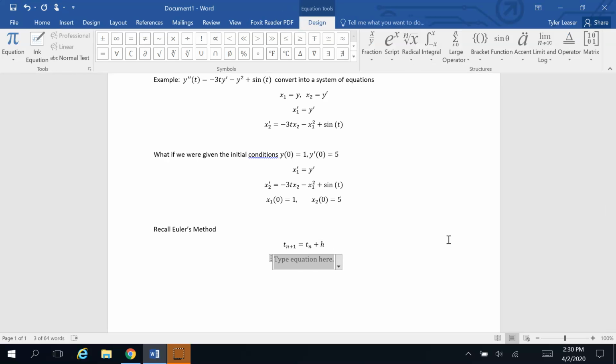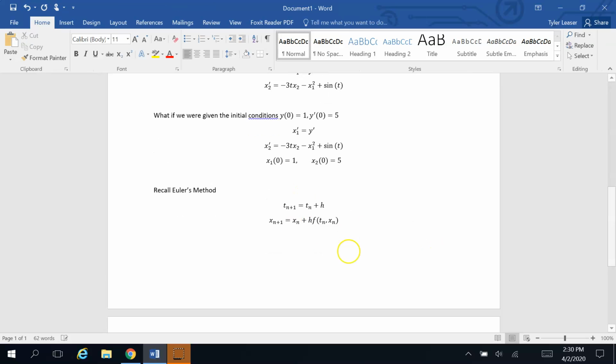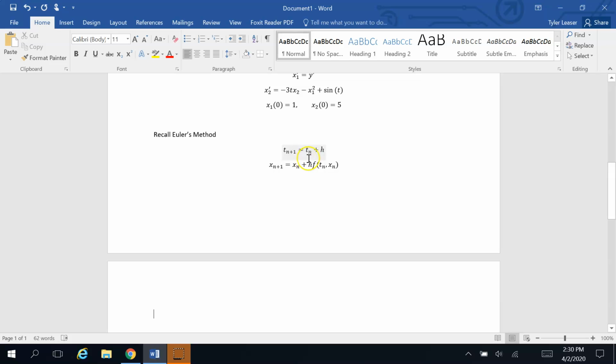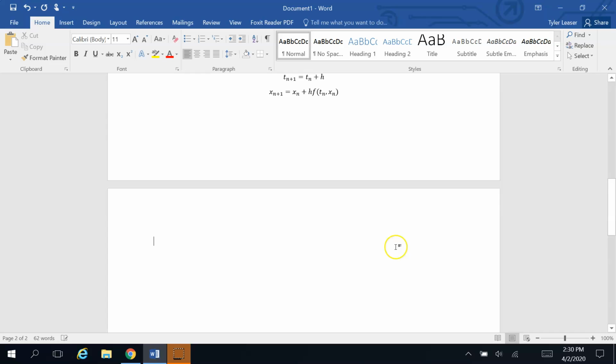All right, and then to increase the function itself, the next x value, x sub n plus 1, would be the previous x value plus that h times plugging the previous t value and the previous x value into the function, where the function, remember, was the right-hand side of the differential equation. All right, so this was just the generic Euler's method for just a regular differential equation that was only of an order of 1. So it only had the one derivative in there.